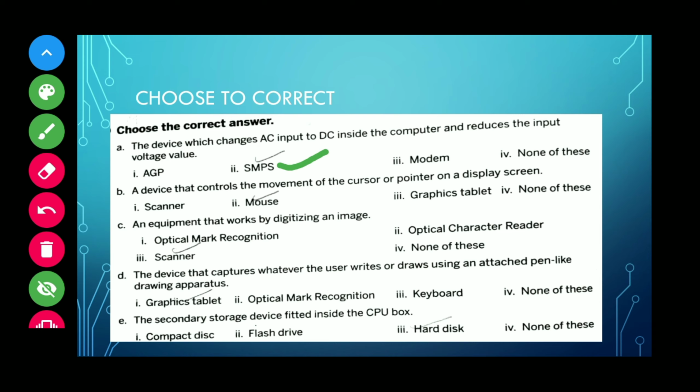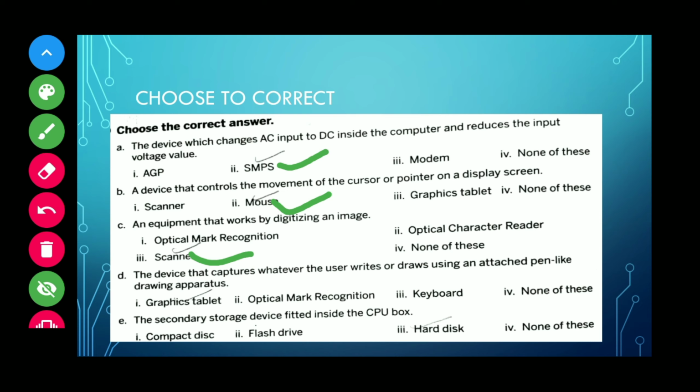So it is SMPS, switched mode power supply. Second one, a device that controls the movement of the cursor or pointer on a display screen. So it is mouse. Third one, an equipment that works by digitizing an image. Scanner is the correct answer here.